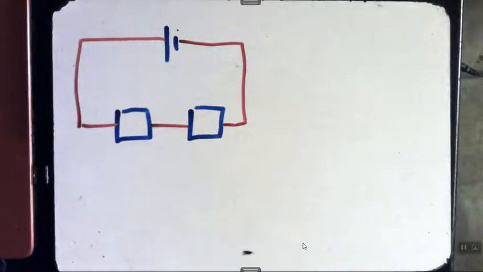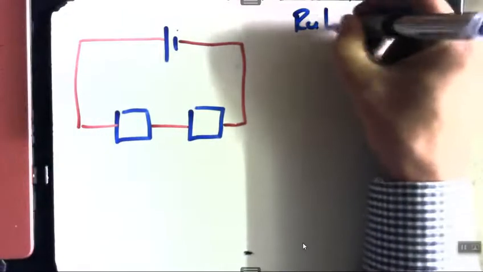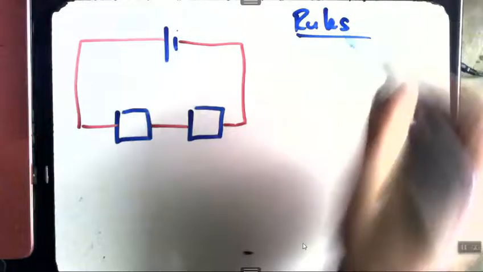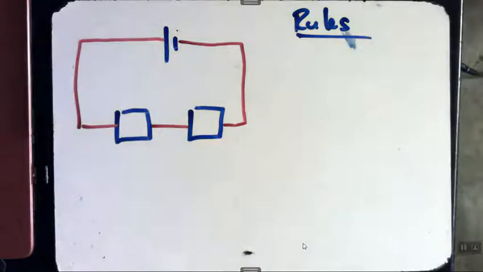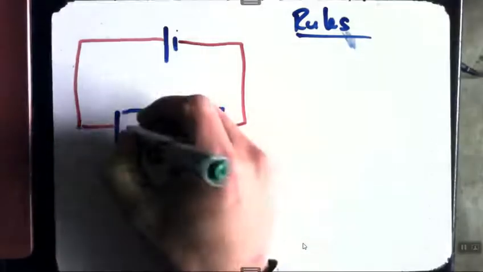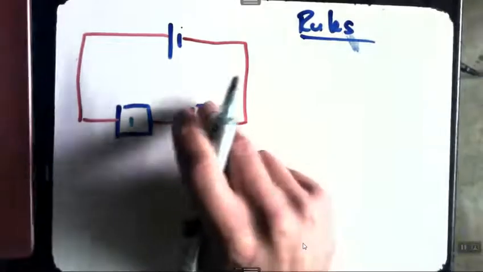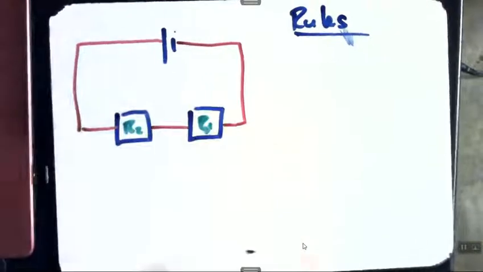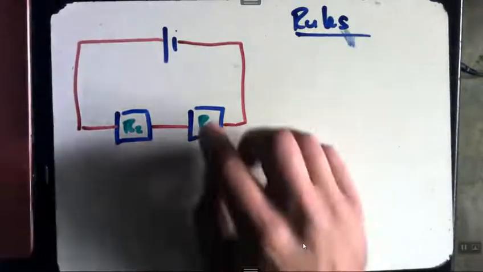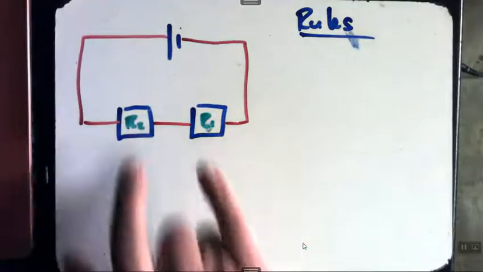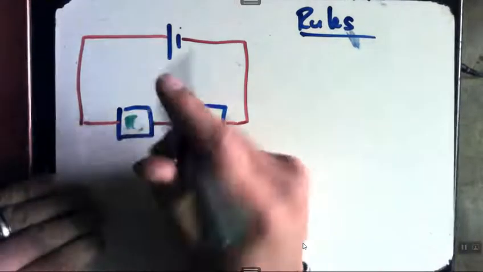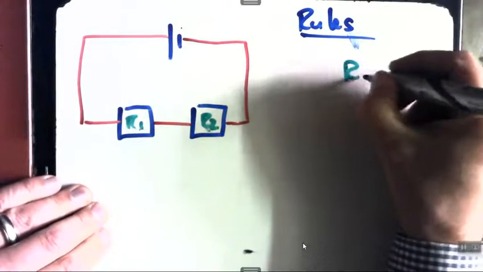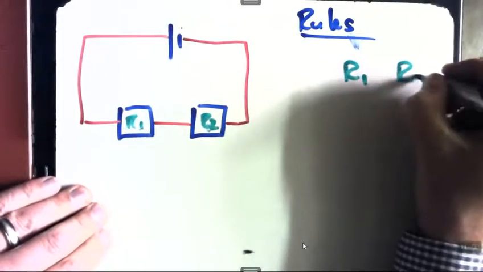So what are the rules for series circuits? Okay, the rules for series is as follows. We'll have, let's call this one resistor 1, resistor 2, or R1 and R2. As previously described, we see two resistors.